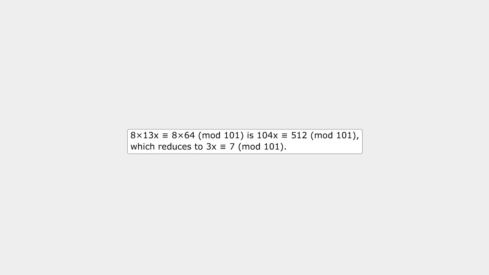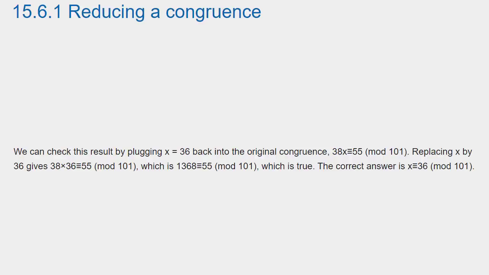We have 101 over 13 equals 7.769, so we multiply the congruence by 8 like this. We're almost there. 101 over 3 equals 33.667, so we multiply that last congruence by 34 and the coefficient of x is reduced to 1.